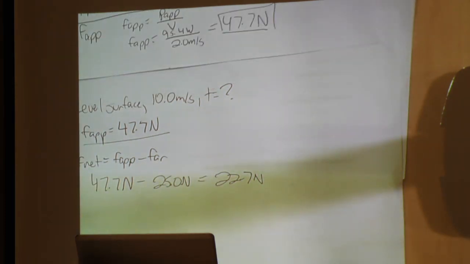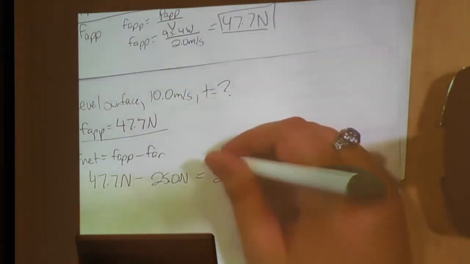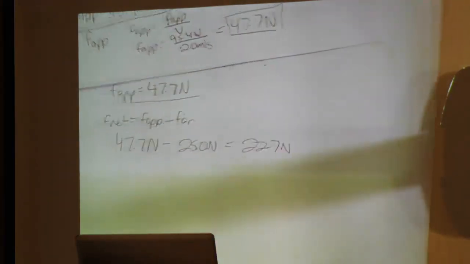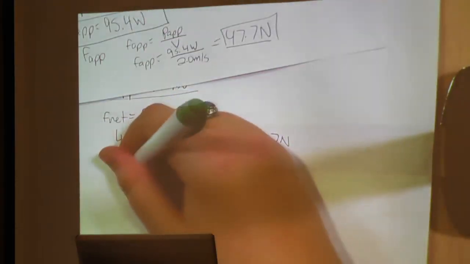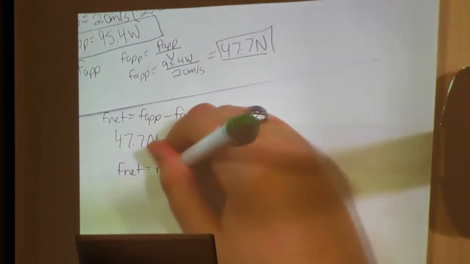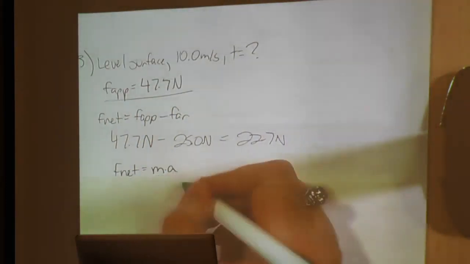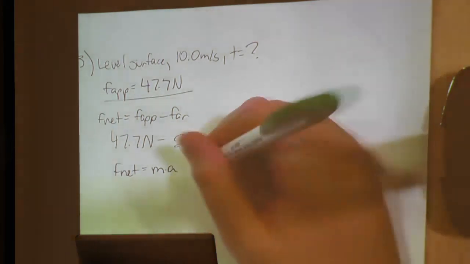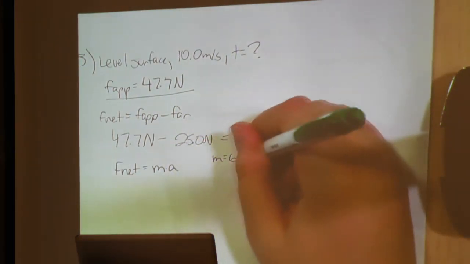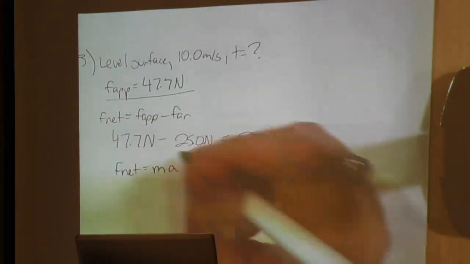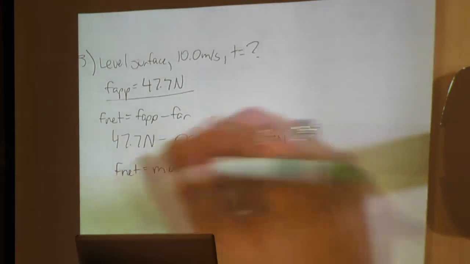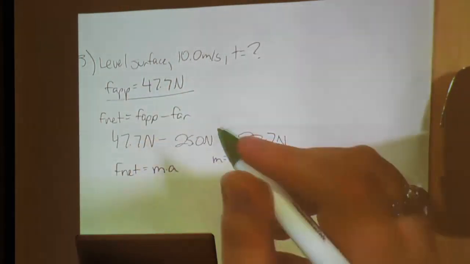All right, so from here we now have our net force, and we can say F net is equal to mass times acceleration. So we have a mass that was given, mass is equal to 65.0 kilograms. So we're going to solve for acceleration so that we can eventually get down to time.